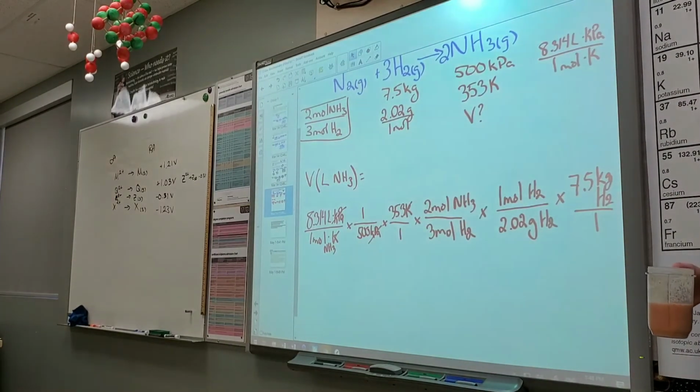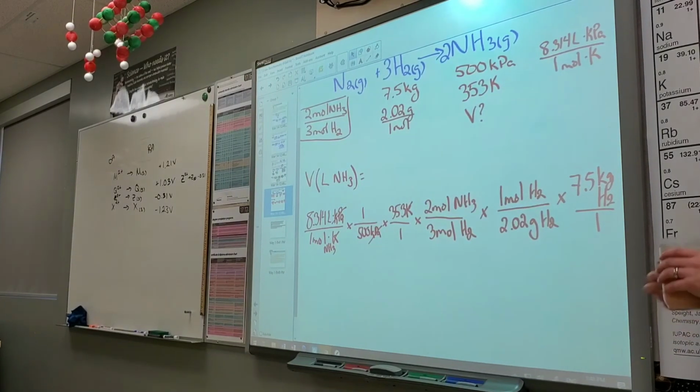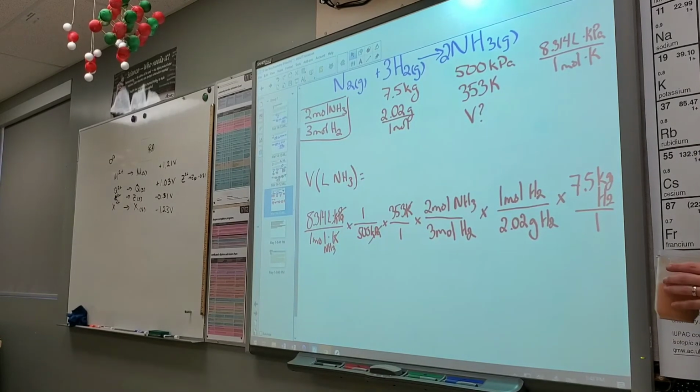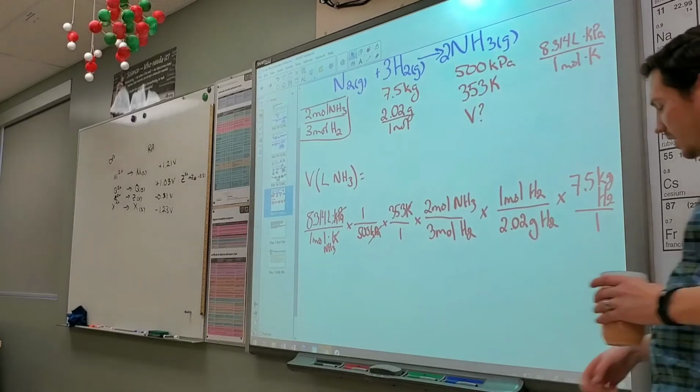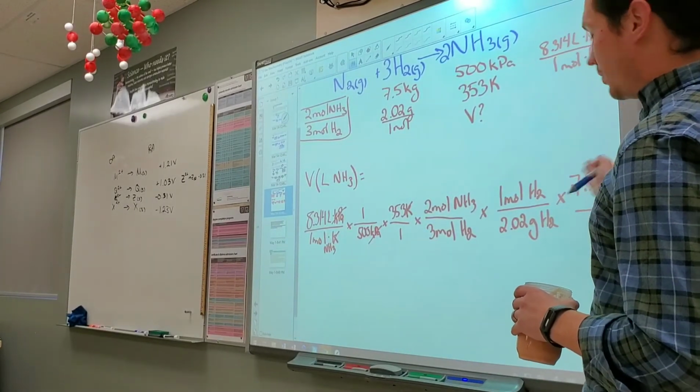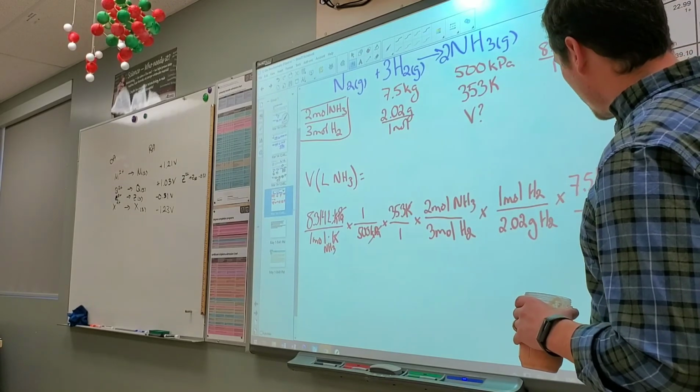Remember at the beginning of the semester and you laughed at me when we had like 7 things canceling out? Let's see. What cancels out at the very end? What's the very last thing to cancel out?